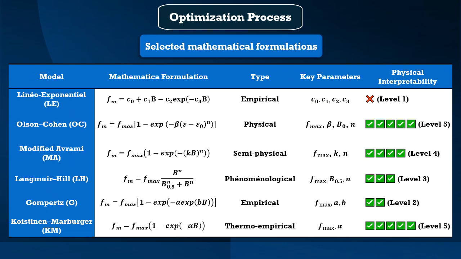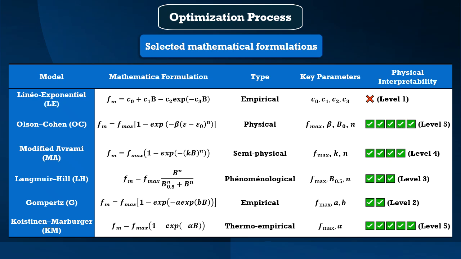Now, the real challenge is turning those signals into meaningful martensite content. That's where model selection matters. This table summarizes 6 nonlinear models from purely empirical to physically grounded ones.